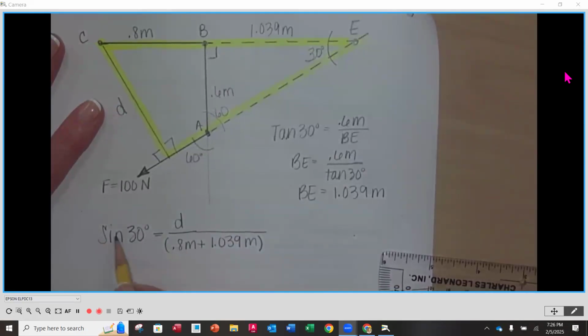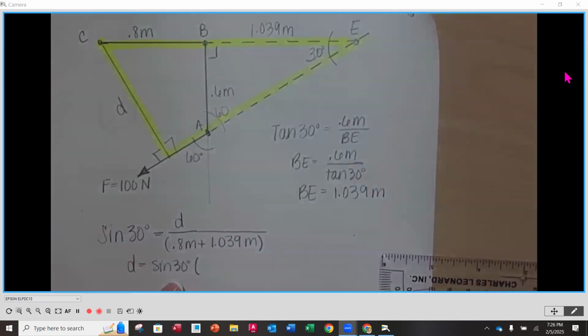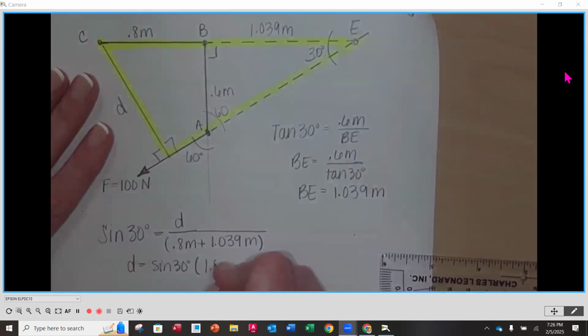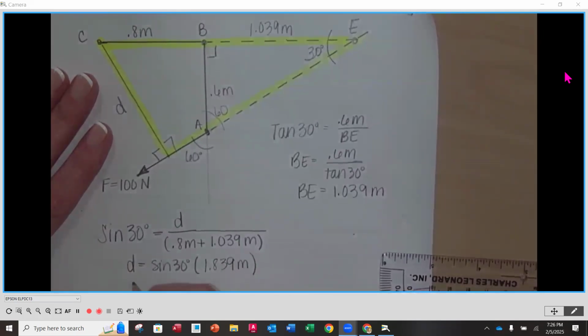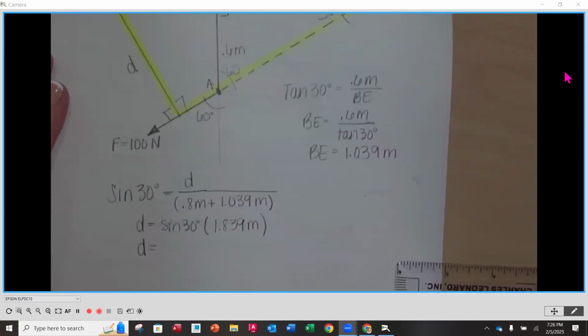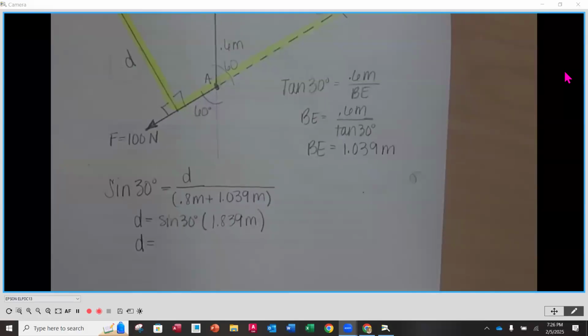If I multiply that up, D is going to be equal to sine of 30 degrees times, I'm just going to add those two together, 0.8 plus 1.039, which is 1.839 meters. What do we get for distance D? 0.919. It's good to me. Meters.